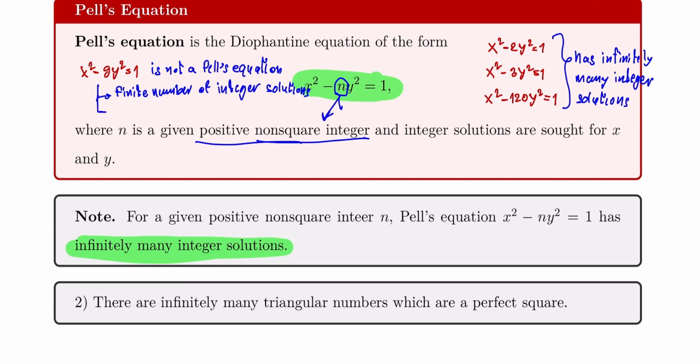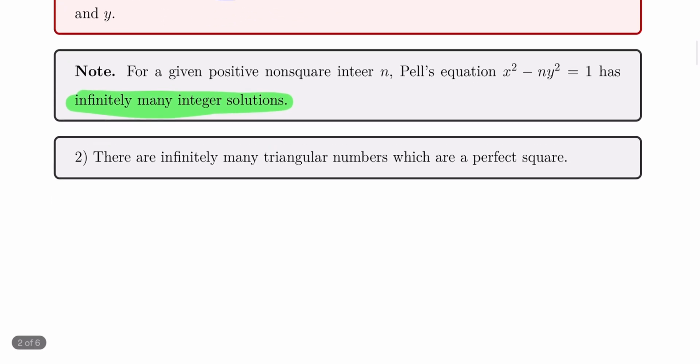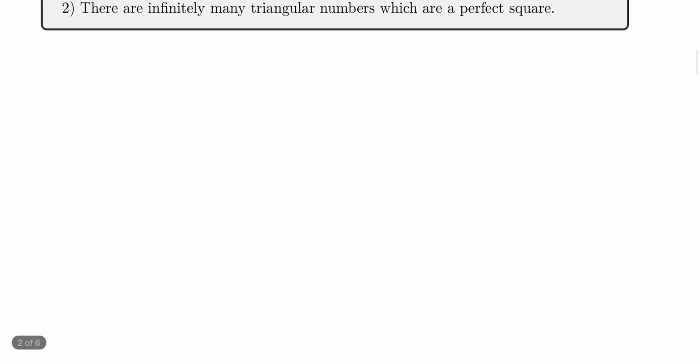Now let's take a look at the proof here. There are infinitely many triangular numbers which are perfect squares. So let's list triangular numbers.